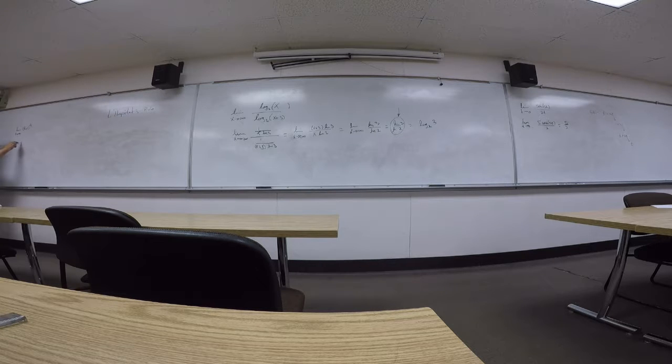If the limit of some f of x as x increases to infinity is L, then the limit as x approaches infinity of the natural logarithm of f of x is the natural logarithm of L.